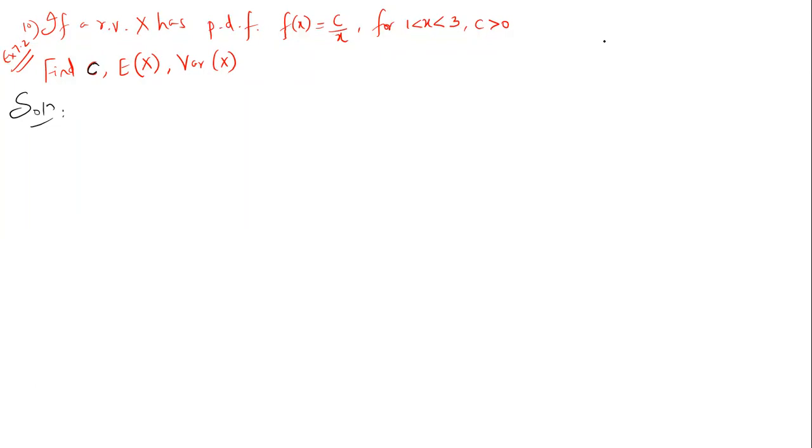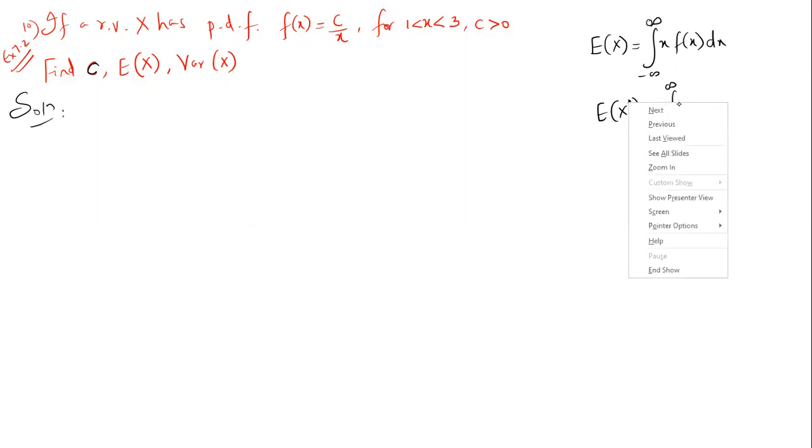So to find this, first of all, you should know the formulas. E(x), the expected value, is defined from minus infinity to infinity, the same as we use in binomial as well, of x f(x). Then E(x square) is minus infinity to infinity of x square into f(x), since there is a square over here also.